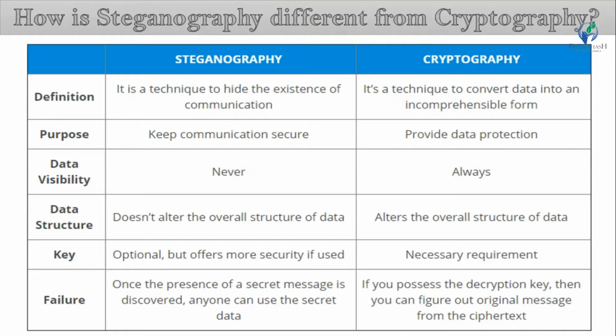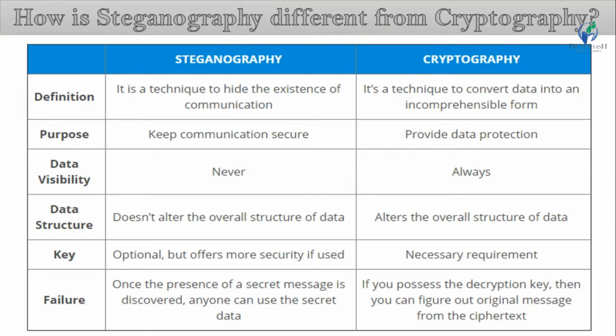Now, in data structures, steganography does not alter the overall structure of data, while cryptography alters the overall structure of data. Now, the next characteristic is key. In steganography it is optional, but offers more security if used, while in cryptography the key is a necessary requirement.